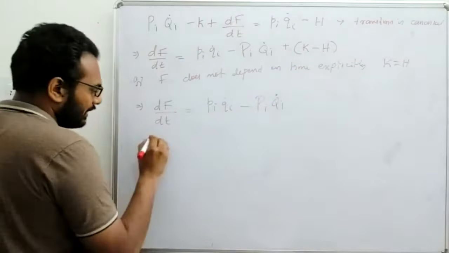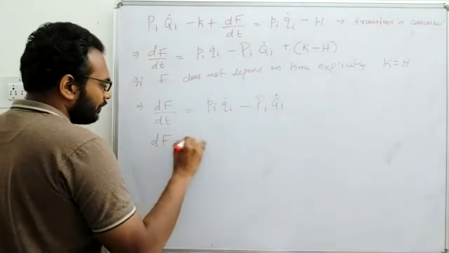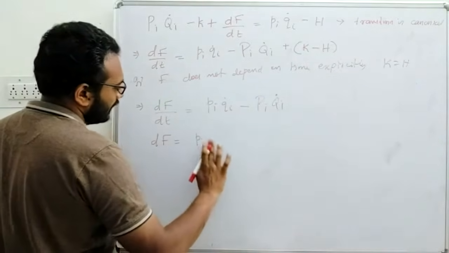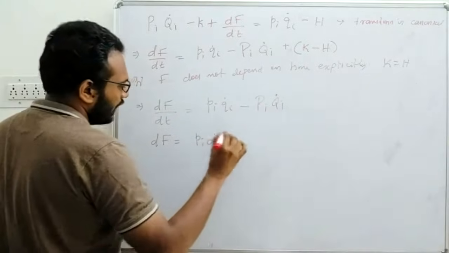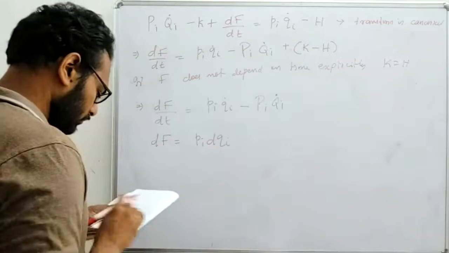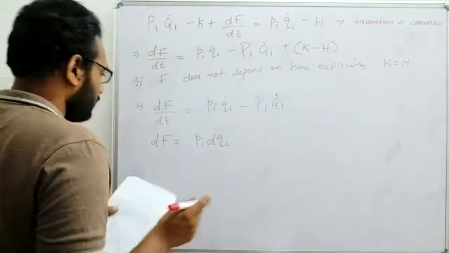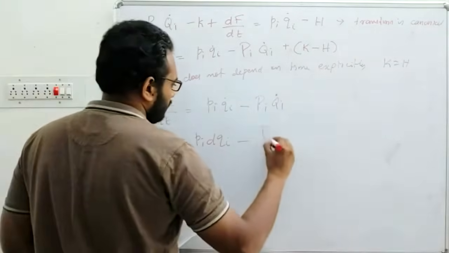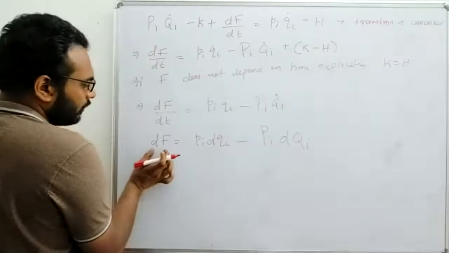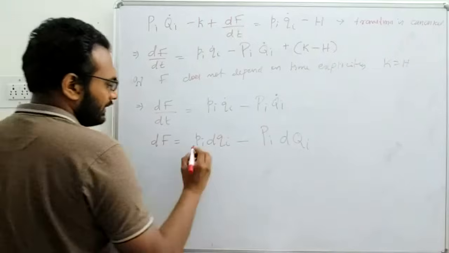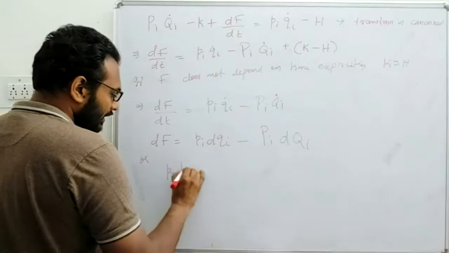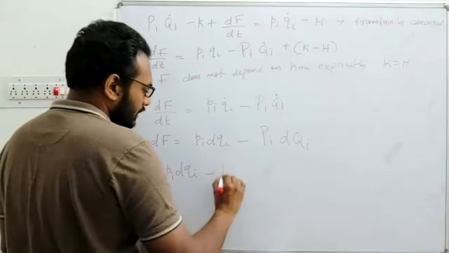So if you multiply by this, you see that dF is equal to pi dqi minus Pi dQi. Or in other words, we have got a dF here, right? This means you just find pi dqi minus Pi dQi, summation implied.